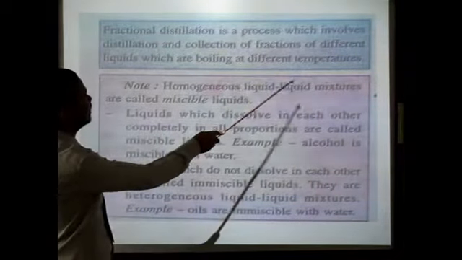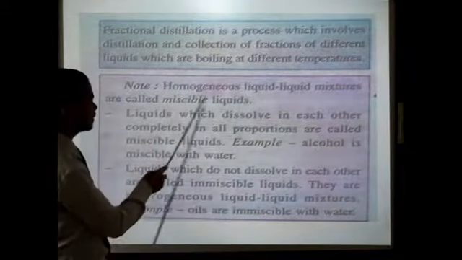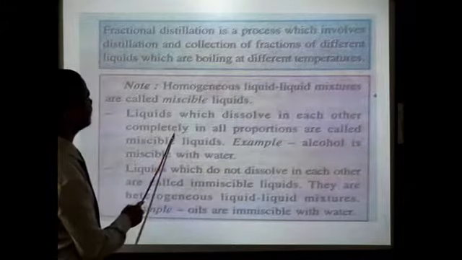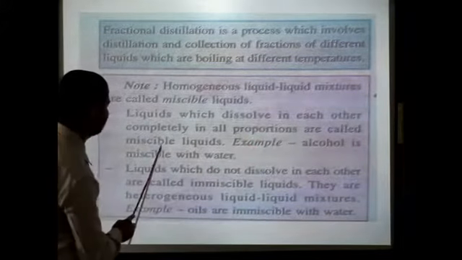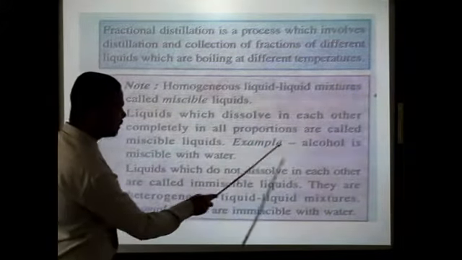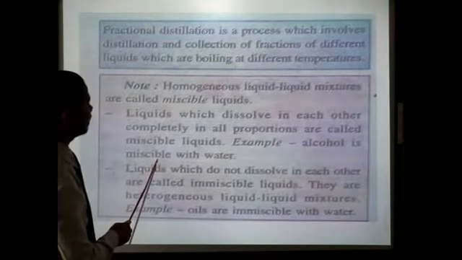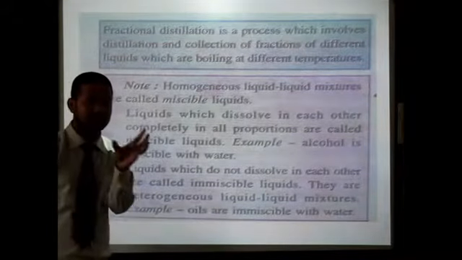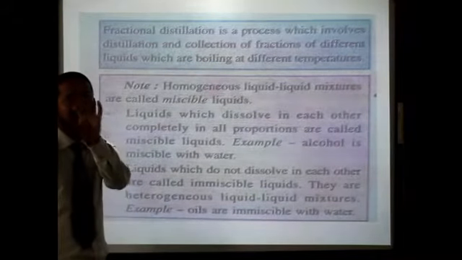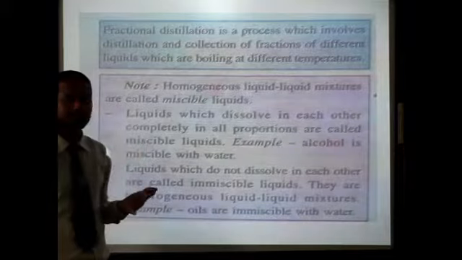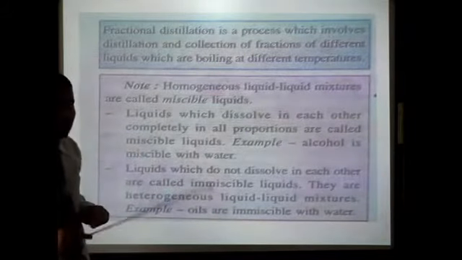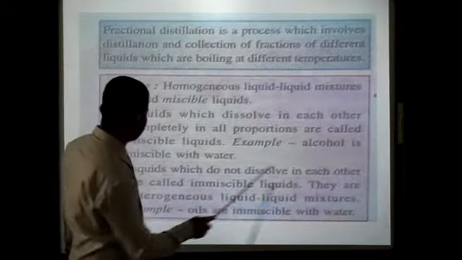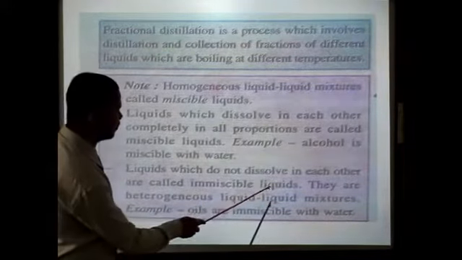Homogeneous liquid mixtures are called miscible liquids. Liquids which dissolve in each other completely in all proportions are called miscible liquids. Example, alcohol is miscible with water. A mixture of alcohol and water does not form different layers. They mix thoroughly and homogeneously.